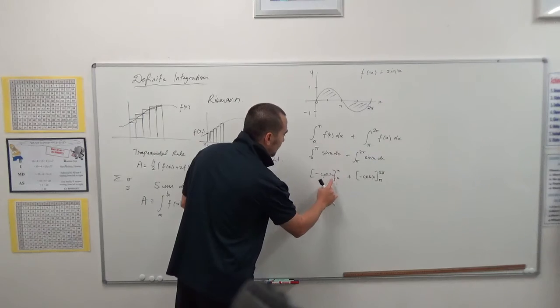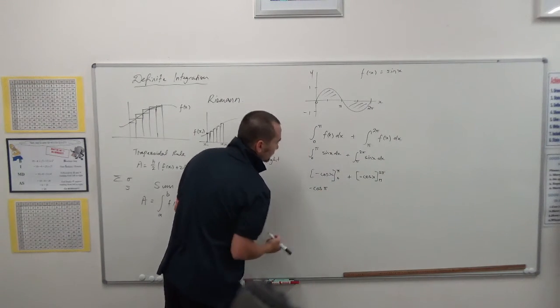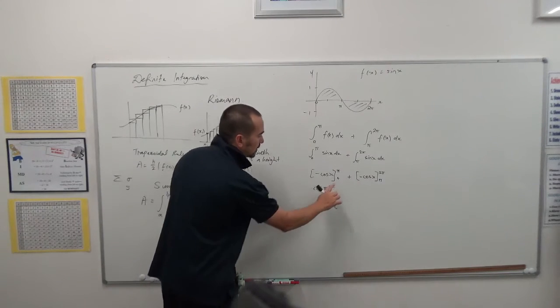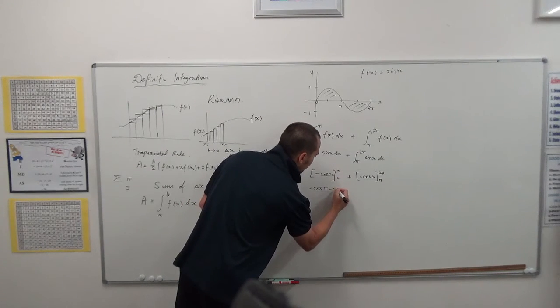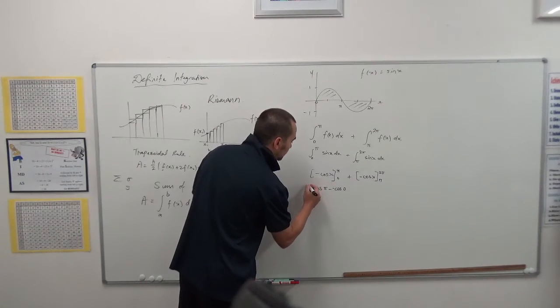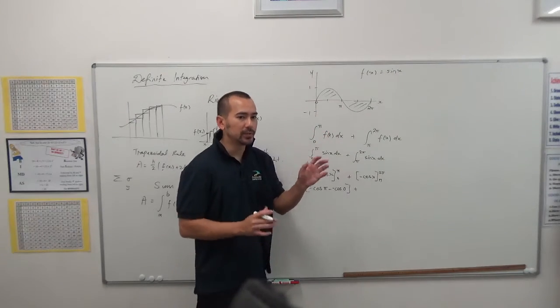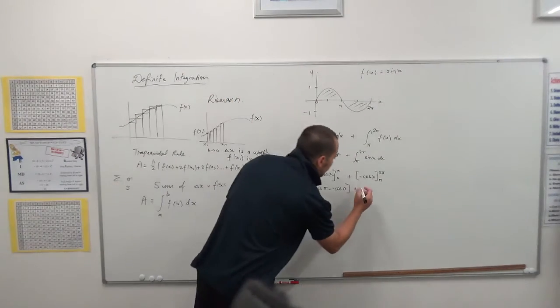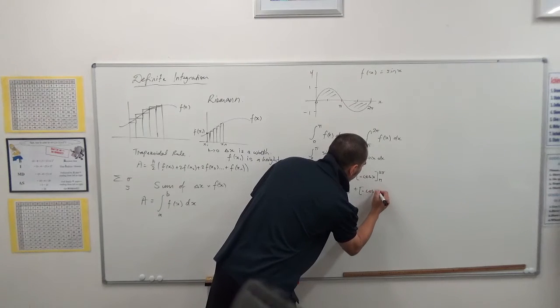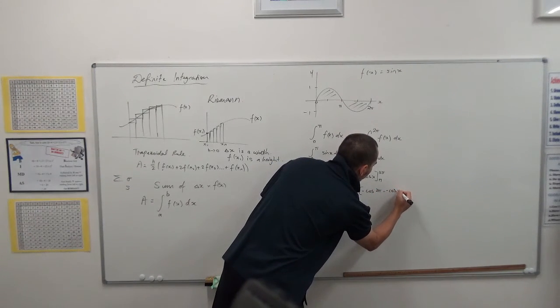So when we plug in pi into the function, we're going to subtract the lower bound. Okay, so that is just this portion. And then we're adding two areas, so really, we're doing two integration questions. Then we have negative cosine 2 pi subtract cosine pi.